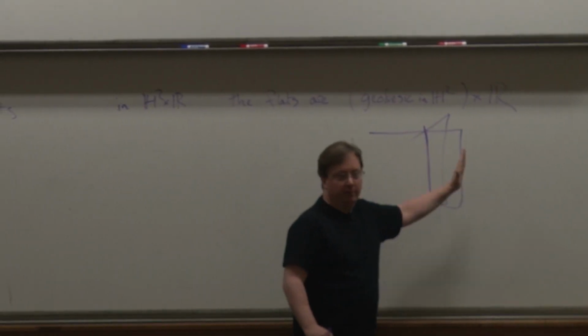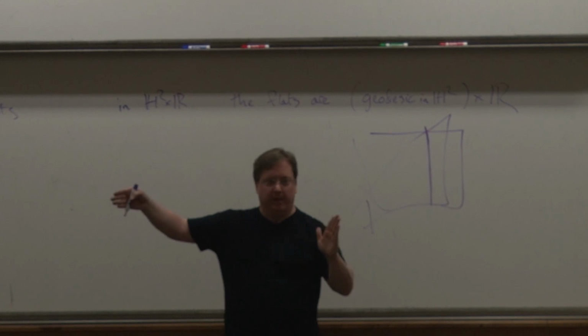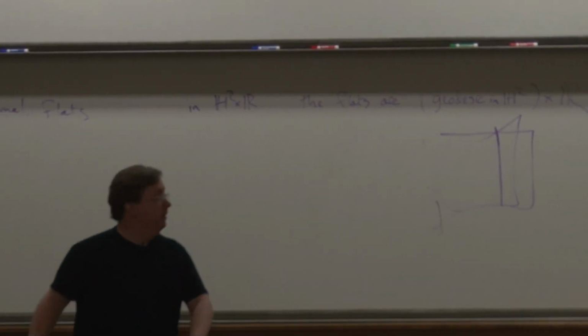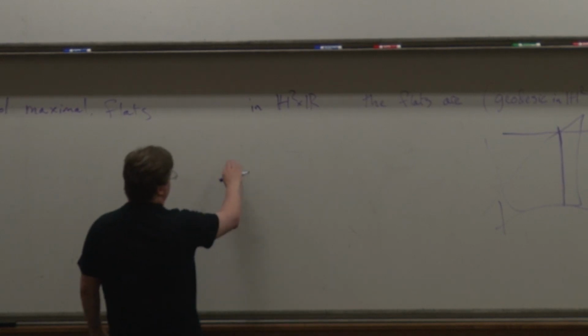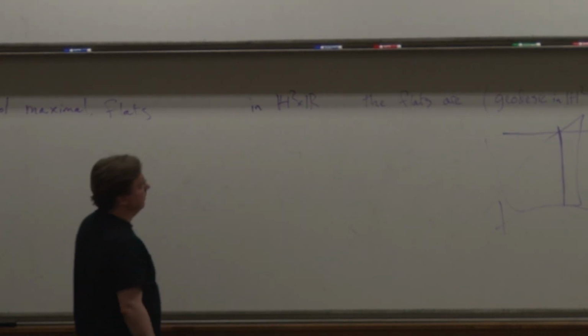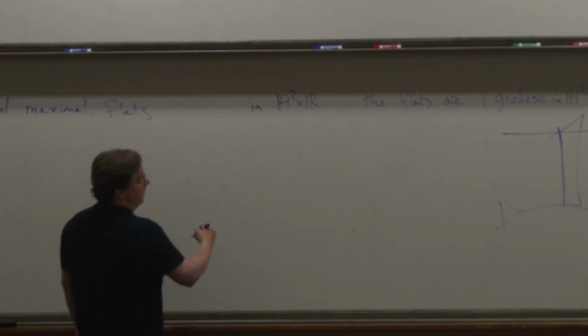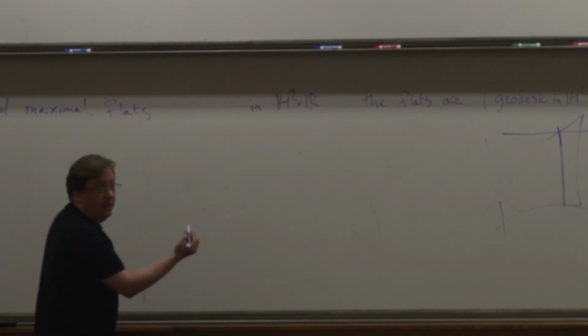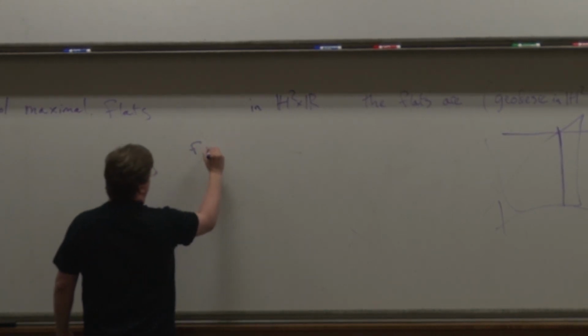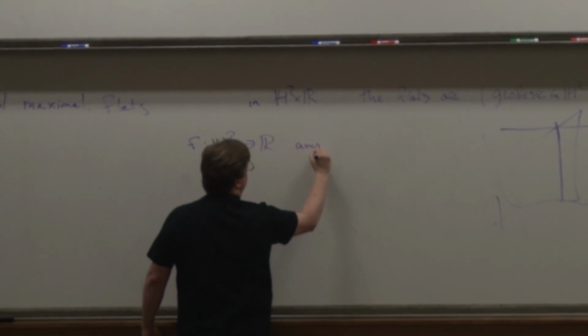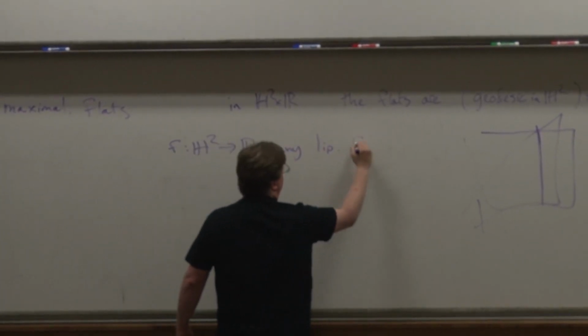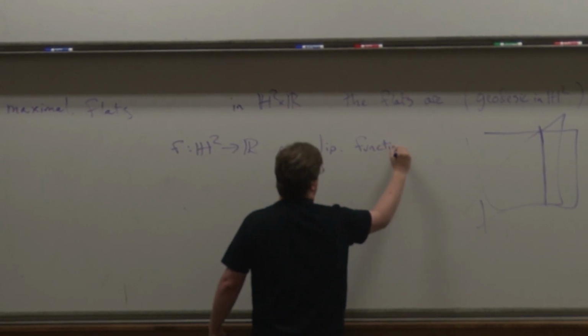You have to more or less leave the vertical direction alone, and you can shear by different amounts in different directions. And in fact, I'll just point this out as a good example for thinking about how bad or good things can get. You can take f from H2 to R, any Lipschitz function. And there are, of course, a lot of these.